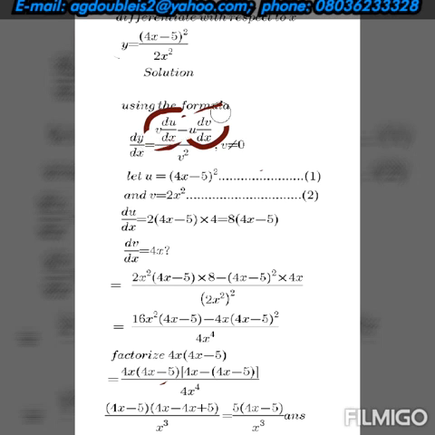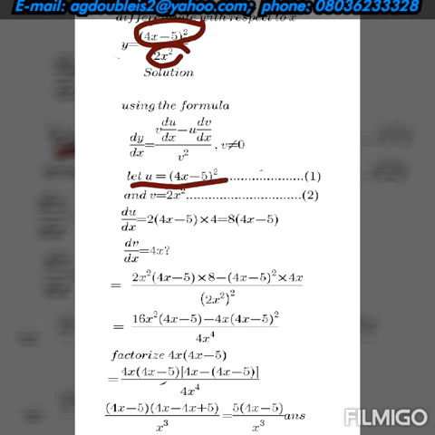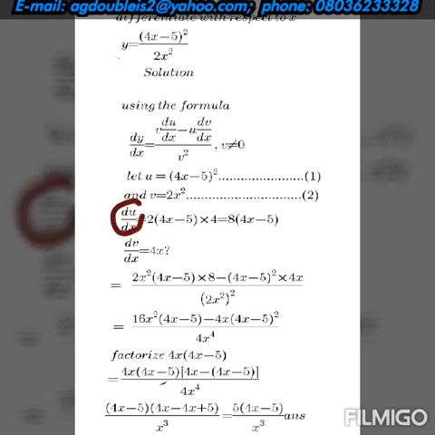You will be wrong. That is the first mistake students make in this. Then you always let u be the numerator and v be the denominator, and call them equation 1 and equation 2 respectively. After that, you differentiate equation 1 and equation 2. Equation 1, you differentiate it du/dx, and equation 2, you differentiate it dv/dx.